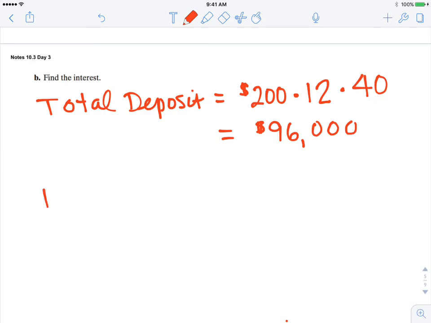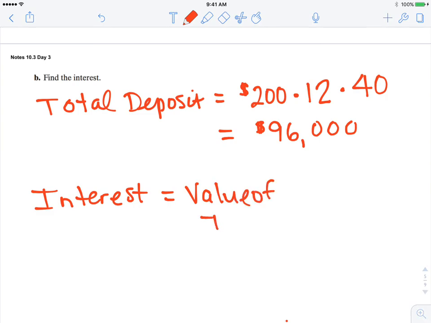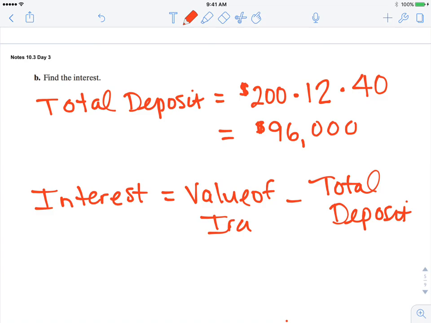How much did you start with? Not start with, how much did you end with? You ended with the value of your IRA, and then you're going to subtract out how much you deposited over that 40 years to get how much you made in interest.